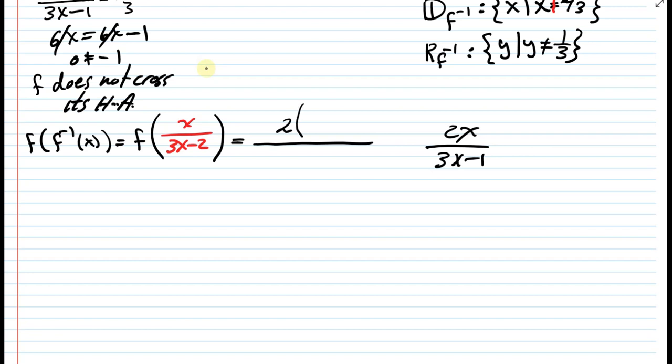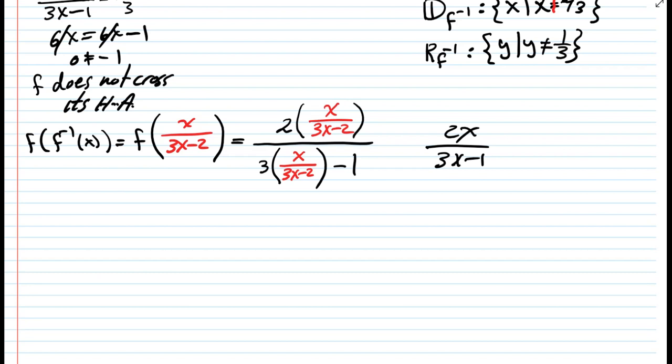So that's going to be 2 times x over 3x minus 2, and then divided by 3 times x over 3x minus 2, and then minus 1. All right, so this is what f of x was.